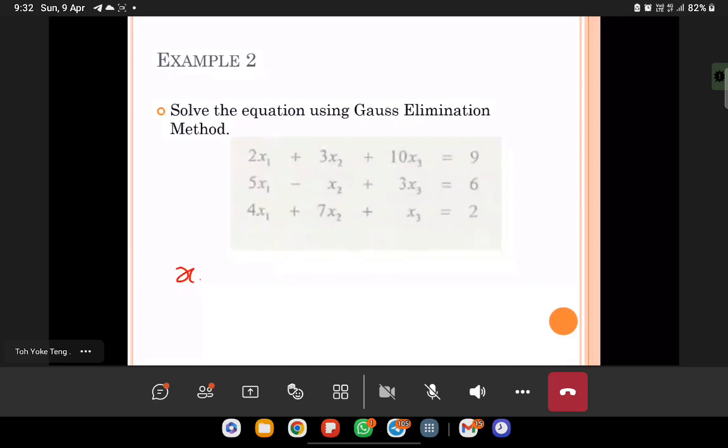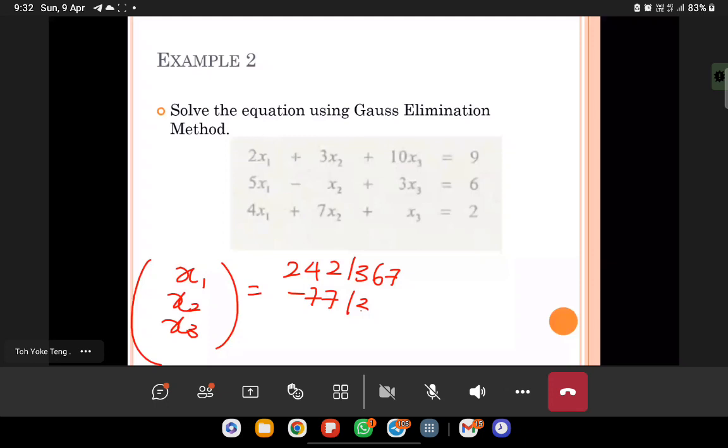Here, I just write down the value. After you have a try, maybe you can compare your answer with my answer. Just remember to have a try on your own. If not mistaken, this answer is correct.